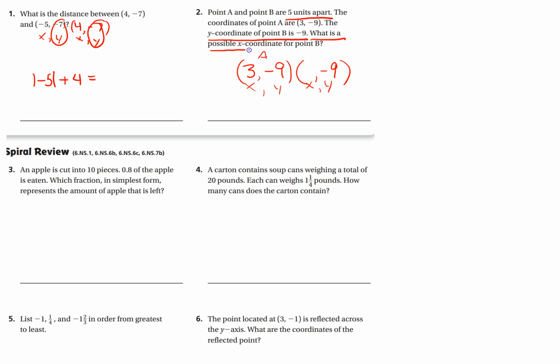What is the possible x coordinate for point B? So since our y's are the same, we're looking at the x's. So 3 and then something equals 5. Okay, so I want to go from 3 to 5.